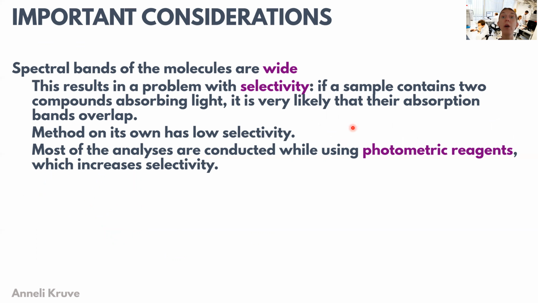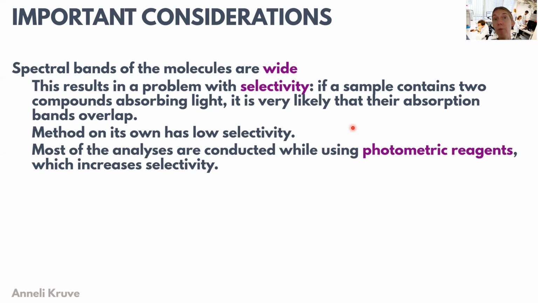So when we are now choosing the wavelengths and the conditions, it is very important to consider at what wavelength we are doing the measurements. Usually the spectral bands are very wide, and this results in a problem that the spectra are not very selective.